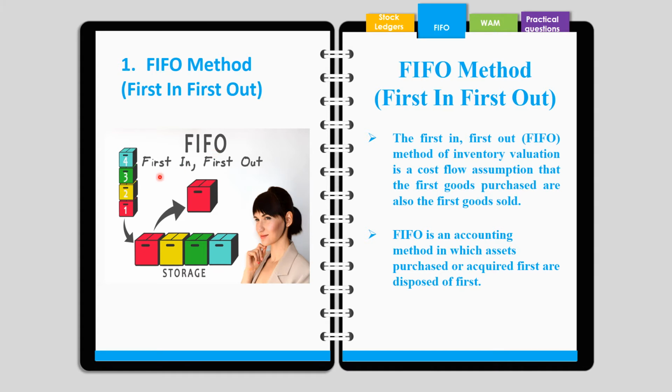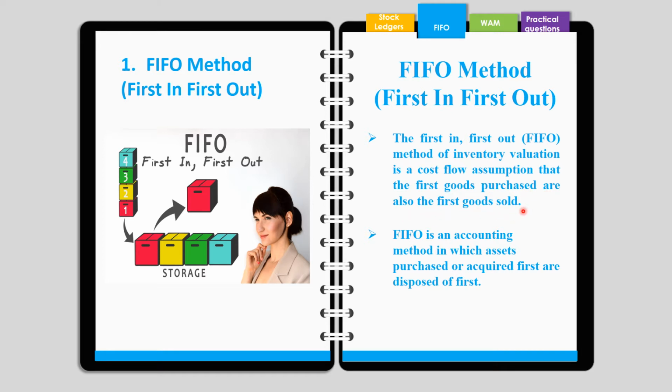So FIFO means first in first out. Whatever goods or whatever stocks are coming in first will go out also first. So it means that whatever stock is the older one will be consumed first, and the later and the newer one will be consumed last. So let us see here what is the definition of FIFO method. The first in first out method of inventory valuation, that is FIFO, is a cost flow consumption that the first goods purchased are also the first goods sold.